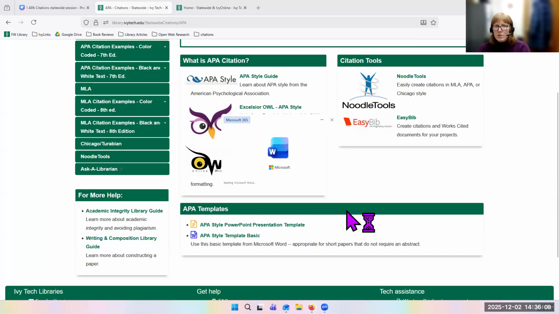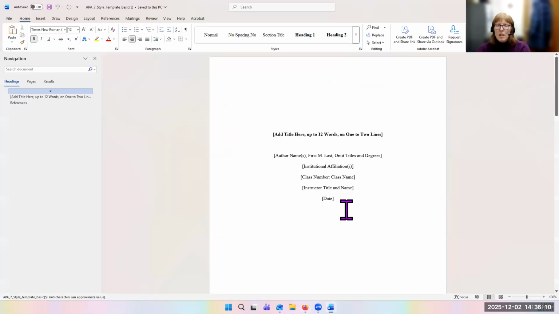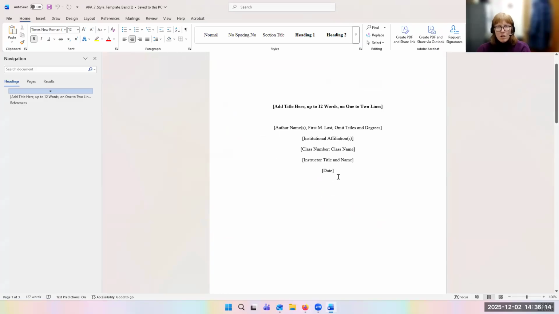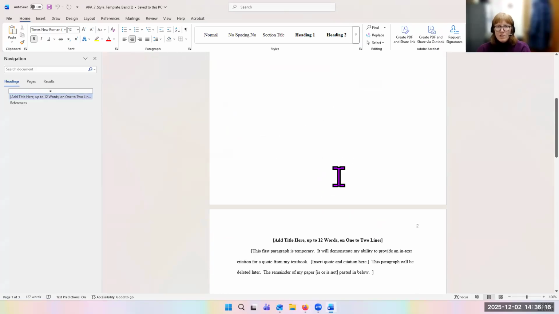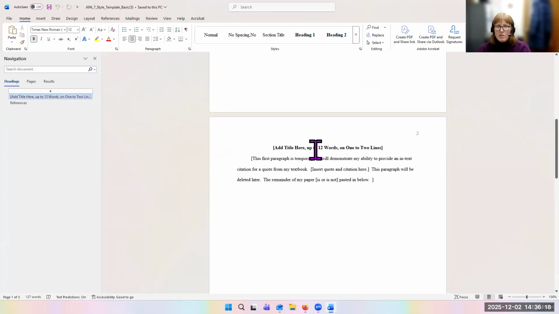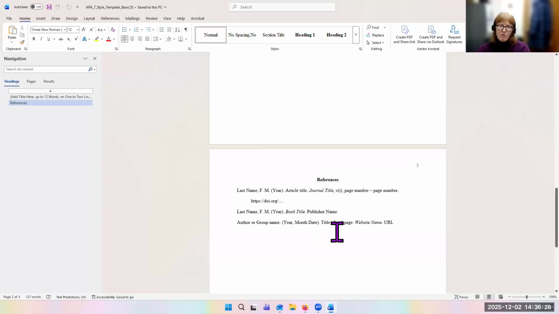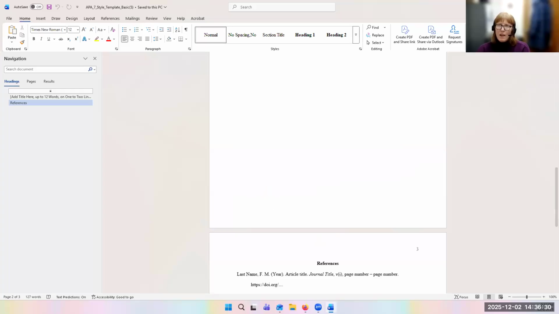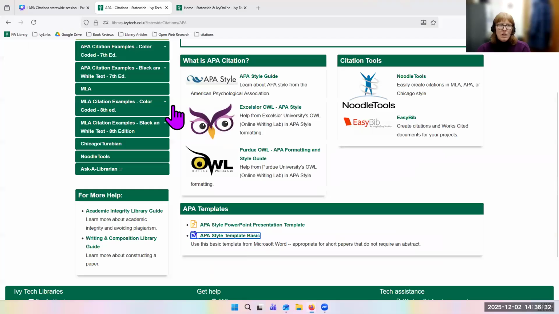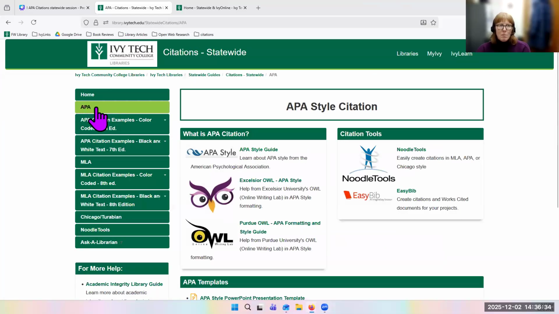It is a template that you can just pop in information about your name, the title of your page, etc. And then it starts the format for you. It double spaces everything, sets it up so that it's the correct size of font, etc. And then it also gives reference examples here. That is found on the APA menu.